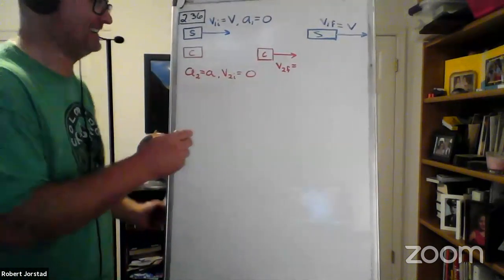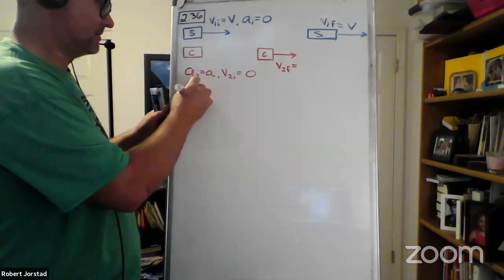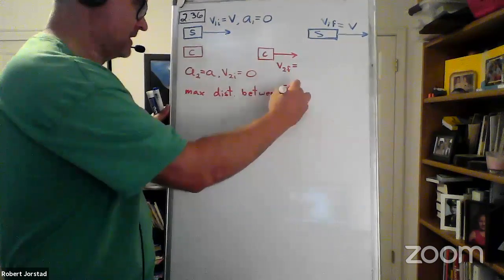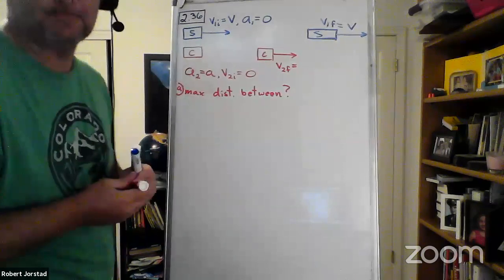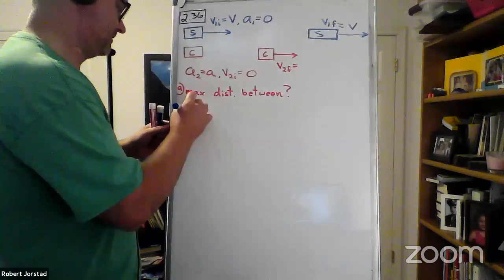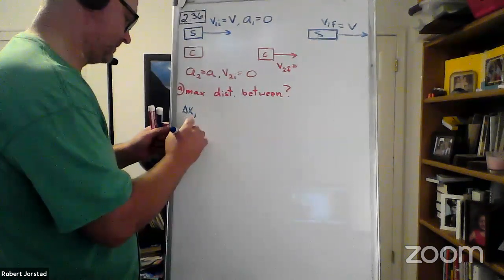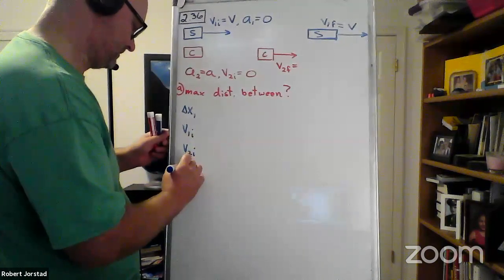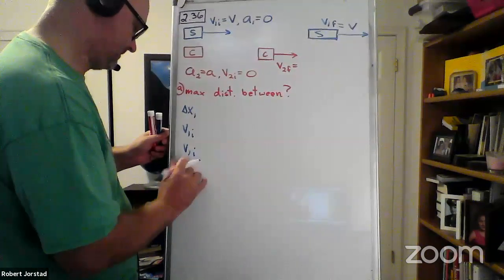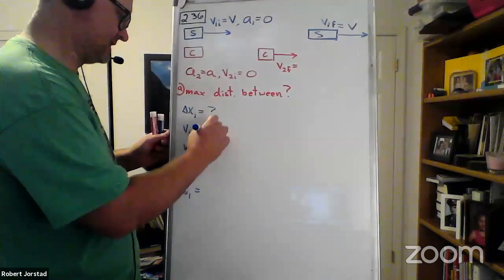Okay, so here we go. I'm going to split this problem up into 2 stages, and then we are asked to find the maximum distance between in part A. So in this case, I'll write down my speeder here. This is V, this is V, this is 0.